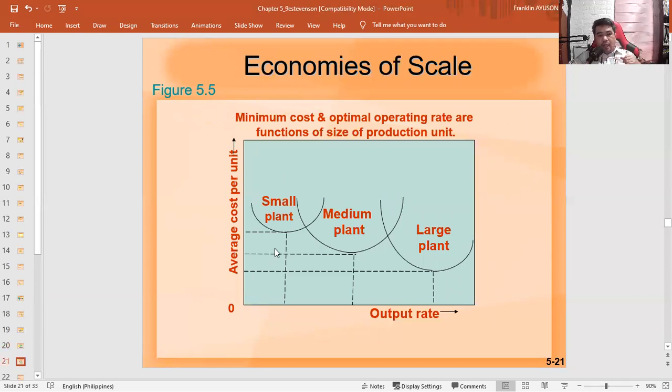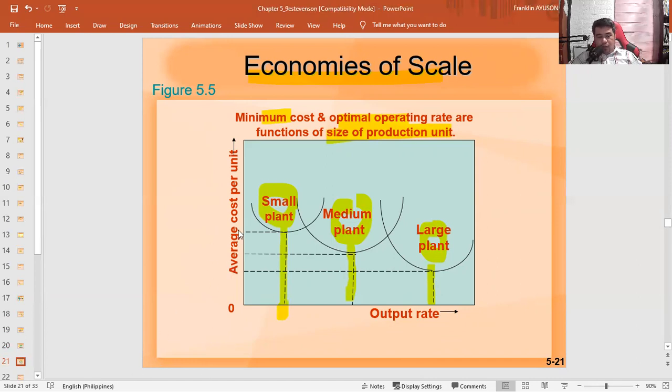Okay, so this time we want to look at the concept of economy of scale, where the minimum cost and the optimal output rate are a function of the size of our production unit. So for example, should we operate a small plant, a medium plant, or a large plant, given their respective output rates? Siyempre, pag mas malaki yung planta, mas malaki yung output. Pag mas maliit yung planta, kakaunti lang yung output niya with reference to zero.